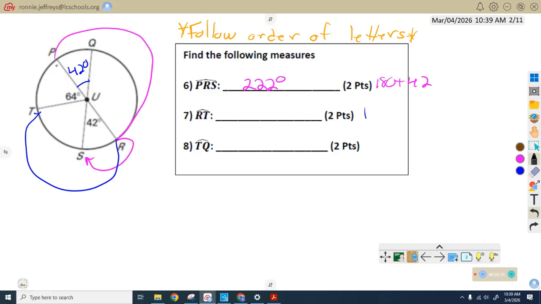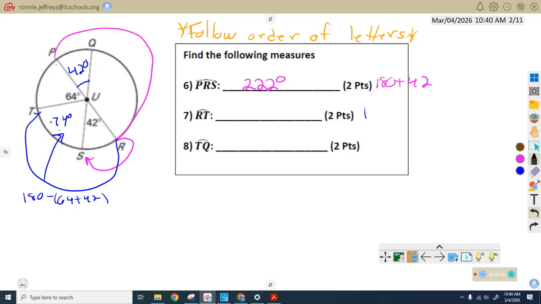So this little section right here, RS, is 180 minus 64 plus 42. I might have done this wrong first period and nobody stopped me. This right here is 74 degrees.